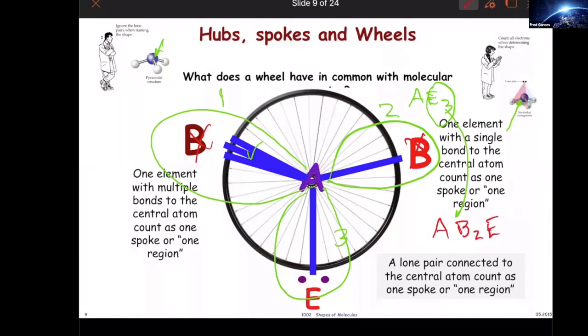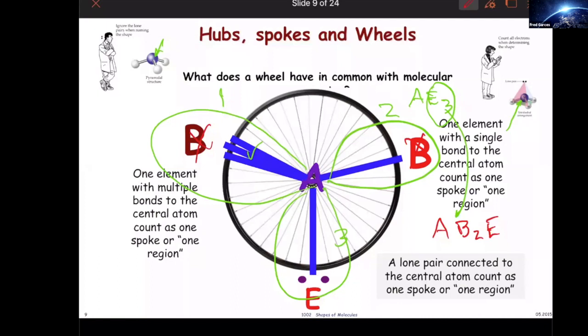Okay, so again, let me remind you, this really simplifies how you can determine what category you have. You need to look at the central atom as the center, the hub of a wheel, and then look at how many spokes come out. If it's one bond to a single atom, that's one domain, one region of electron density.